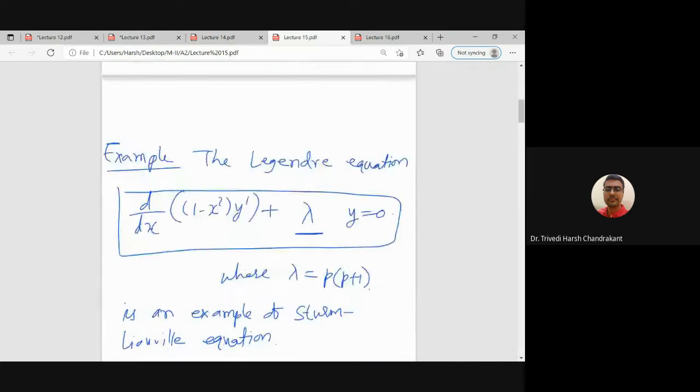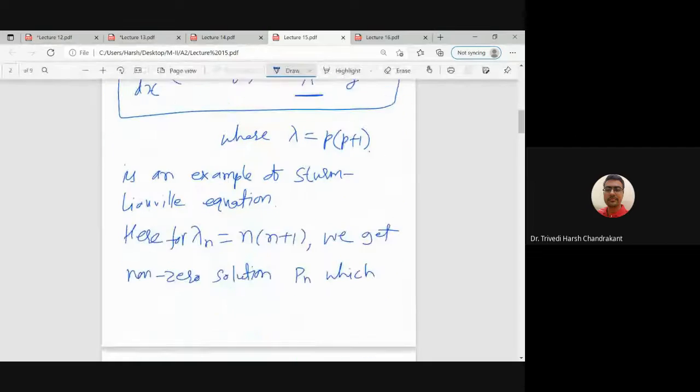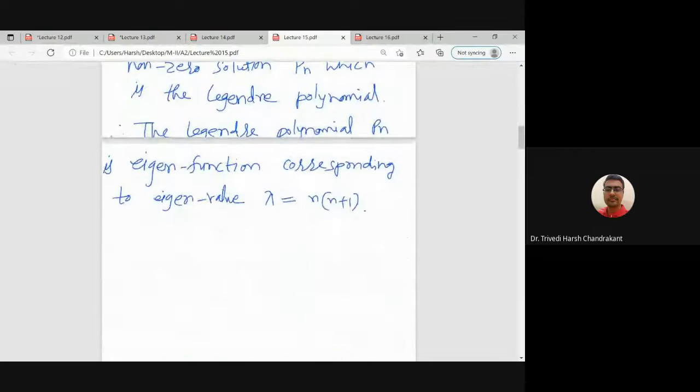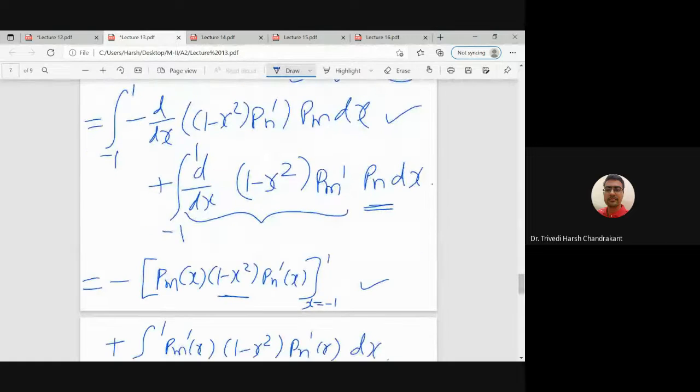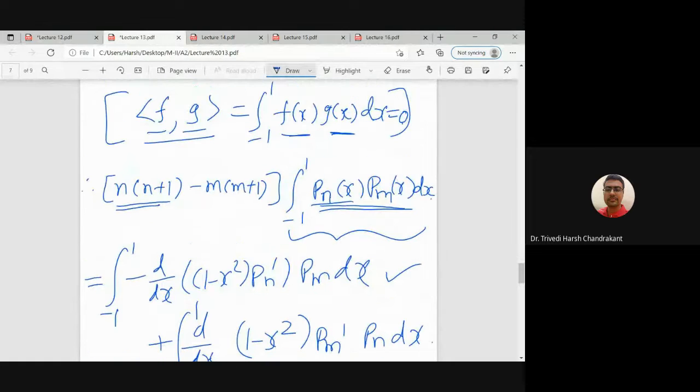So the question is that here we know that the eigenfunctions, which are the Legendre polynomials, that we have observed are mutually orthogonal. Right. So that means we get this inner product to be 0 whenever m and n are different.